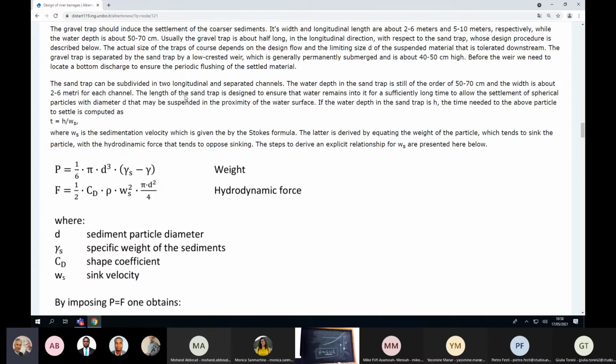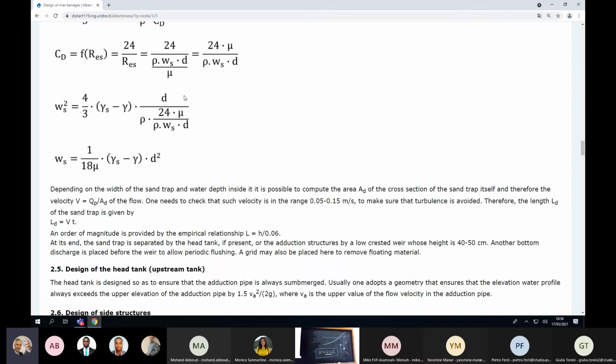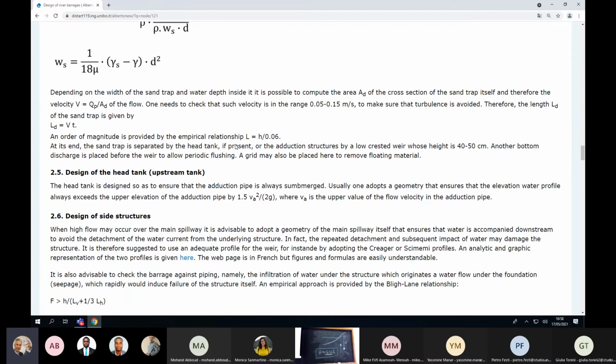This is something that I frequently ask. And also the design of the head tank with the submergence of the pipe for delivering water downstream.